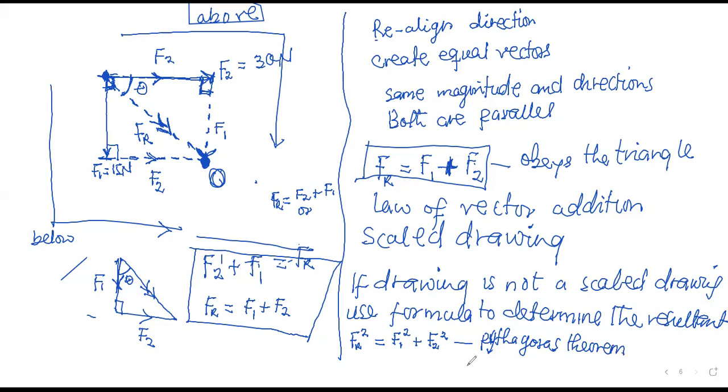So when two vector quantities are perpendicular to each other, the resultant force is determined using Pythagoras theorem. But before you do that, you must realign their directions to follow a certain order. Giovanni, is that okay?